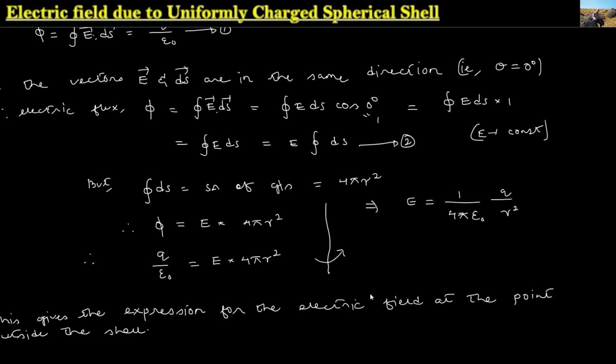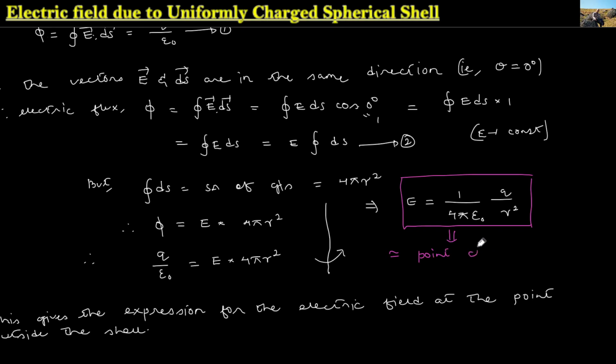So this electric field at a point which is outside the spherical shell is given by this expression. And we have to be very careful that this expression is similar to the expression for the electric field due to a point charge.